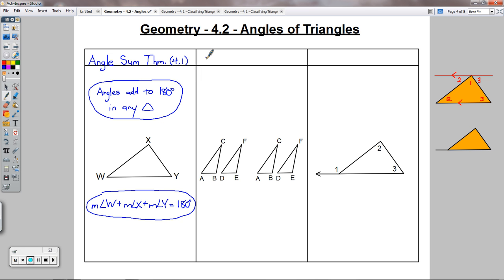The third angle theorem. Some books might call this the third angles theorem, but our book says third angle theorem, singular. This is 4.2, so it's the second theorem in chapter 4.